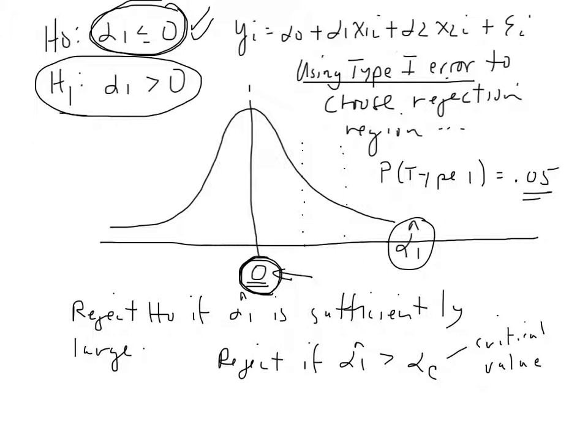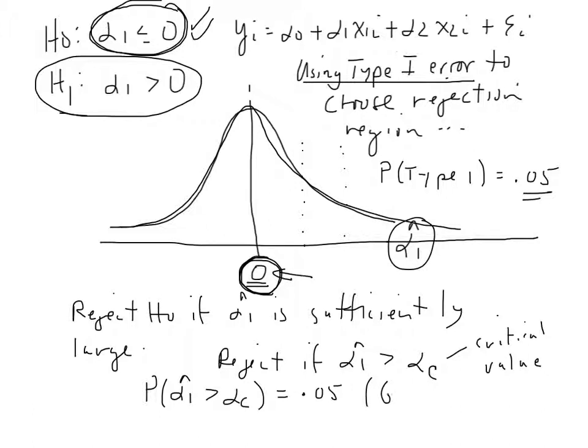How does that become useful in choosing a critical value? Well, this distribution assumes that the null is true. So we can say that the probability of rejecting the null when the null is true is the probability of drawing an alpha 1 hat that's greater than alpha critical, and we're going to set that equal to 0.05.